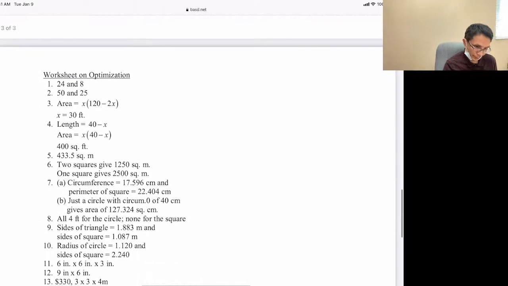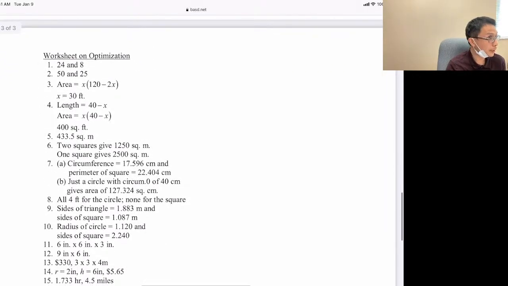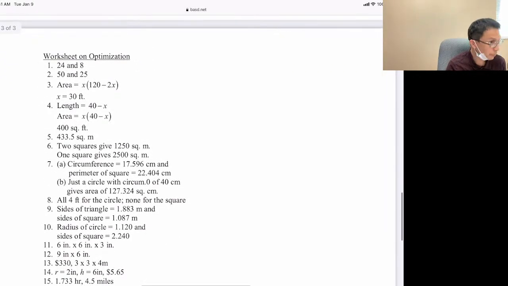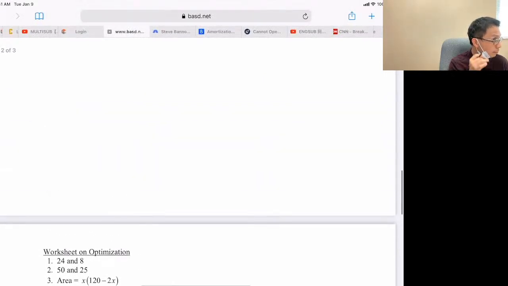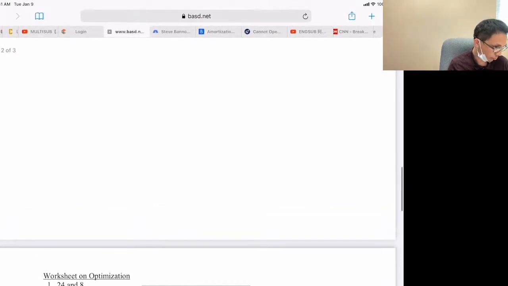R is equal to 2 and H is equal to 6. 5.65. Did you get R? You did? Good. I got 2.8 for R. But then for the price, I'm getting the right answer.